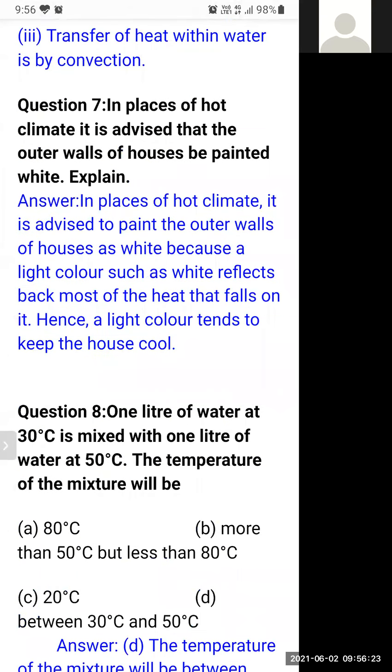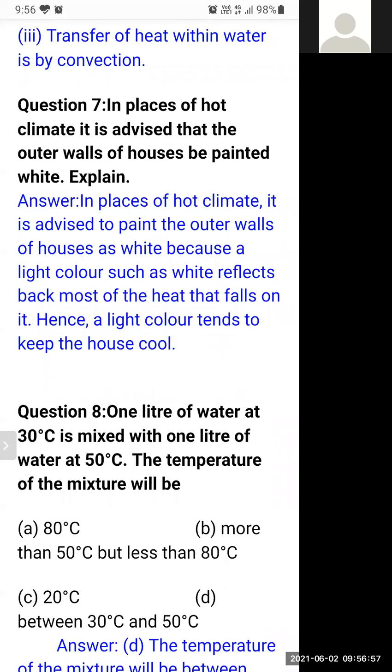In places of hot climate, it is advised that the outer wall of houses be painted white. Explain why we do so. As we know that dark color absorbs more heat, light color absorbs less heat and reflects most of the heat. So in places of hot climate, we want that the inside of our house should be cool, because we are living in hot weather conditions.